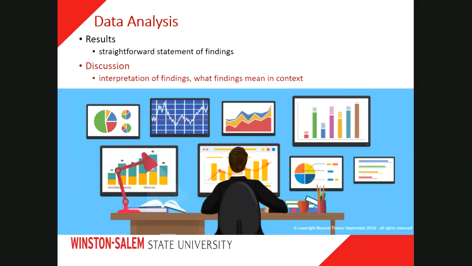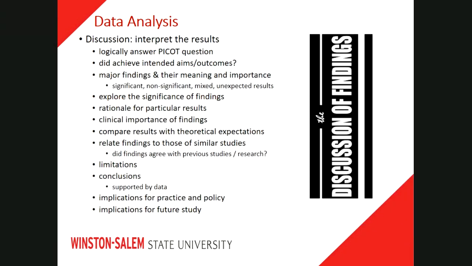So when you look at the discussion section of an article, this is where you actually see the interpretation of findings, what findings actually mean, and that is put in context. So this is where you're going to answer your PICOT question. Did you achieve the intended aims and outcomes? With respect to articles as you critique, you should see an answer to the question in the discussion section.